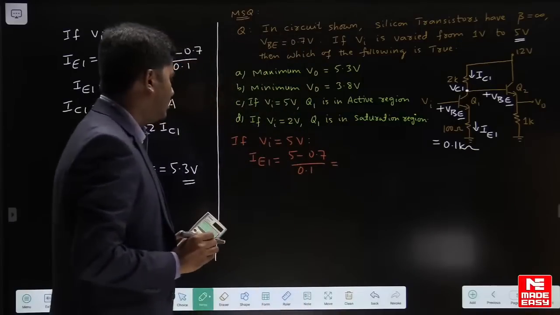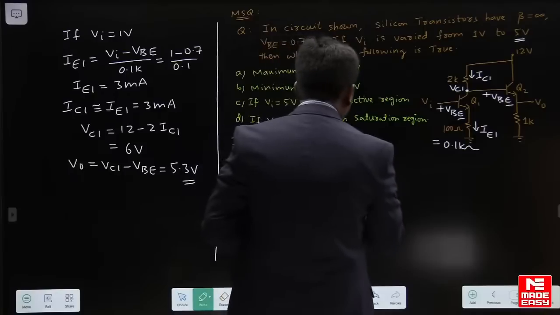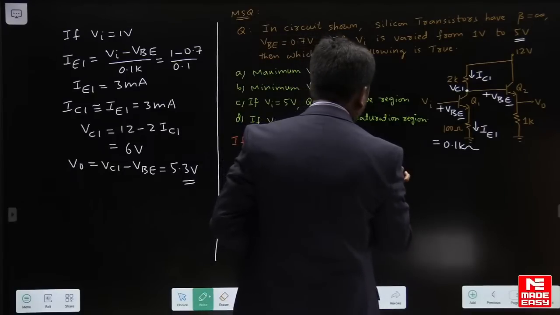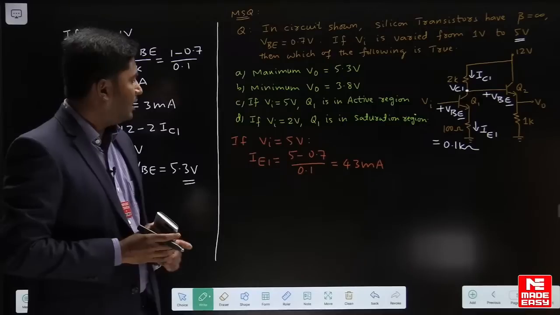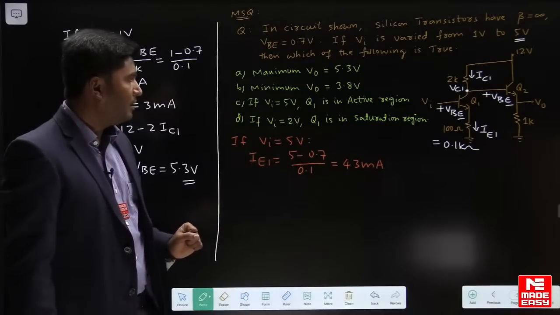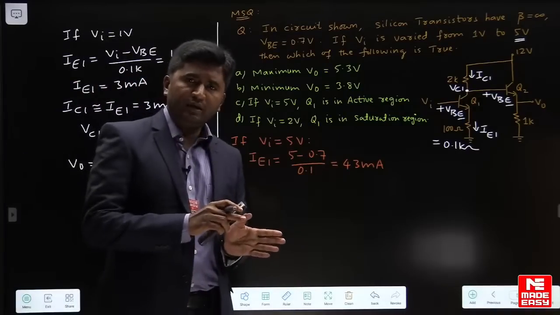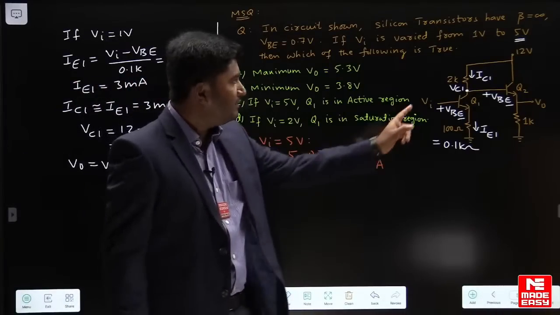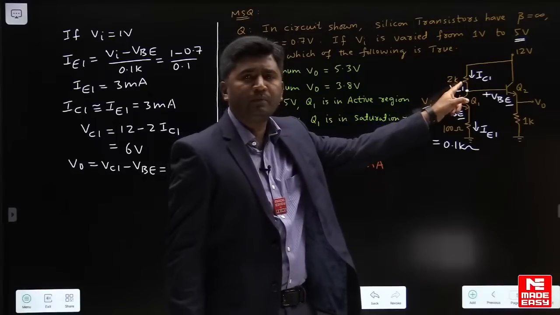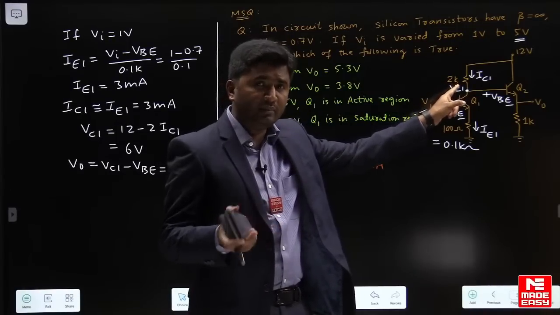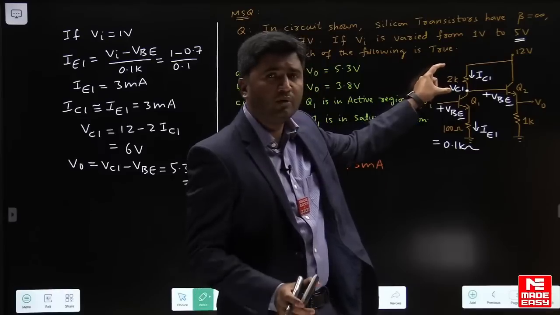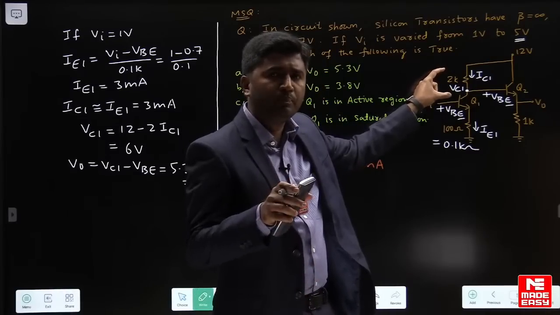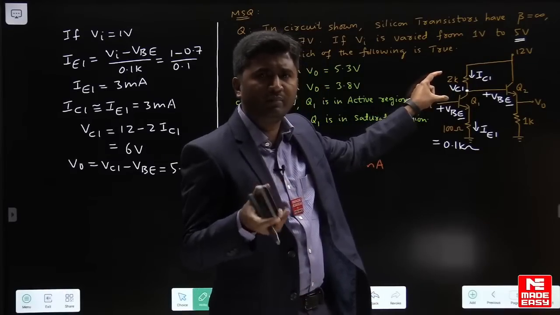It will become 43 milliampere. Now there is a twist here. IE1 we got 43 milli. If I take IC1 equal to IE1, then IC1 should also be 43 milli. But if you take IC1 as 43 milli, then the drop in this 2K resistor will become how much? 43 into 2, I think 86 volt. It will become 86.